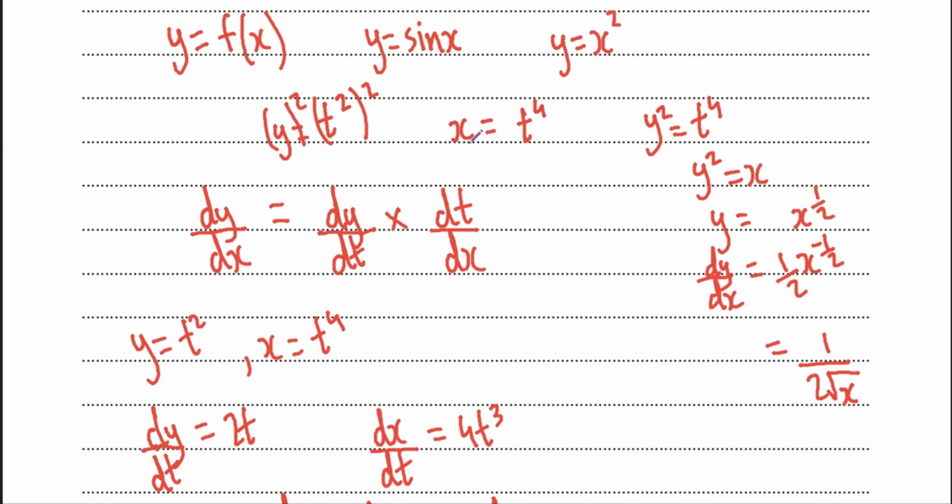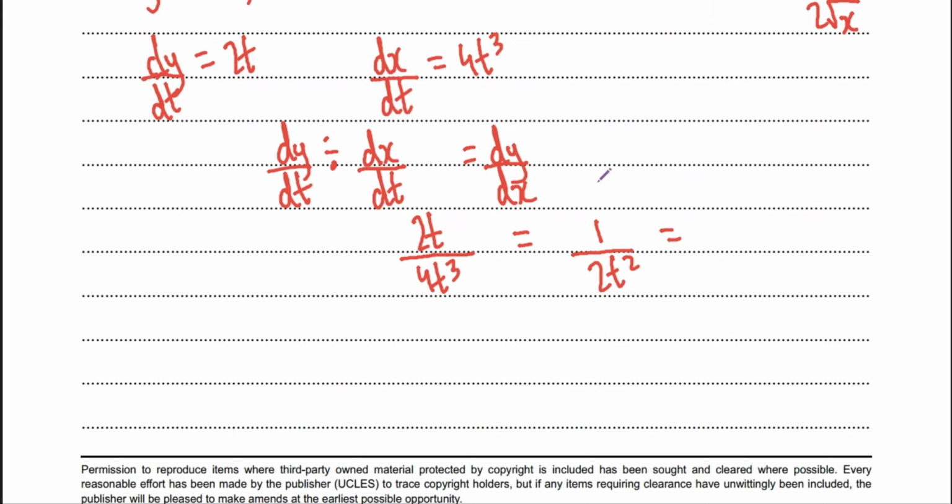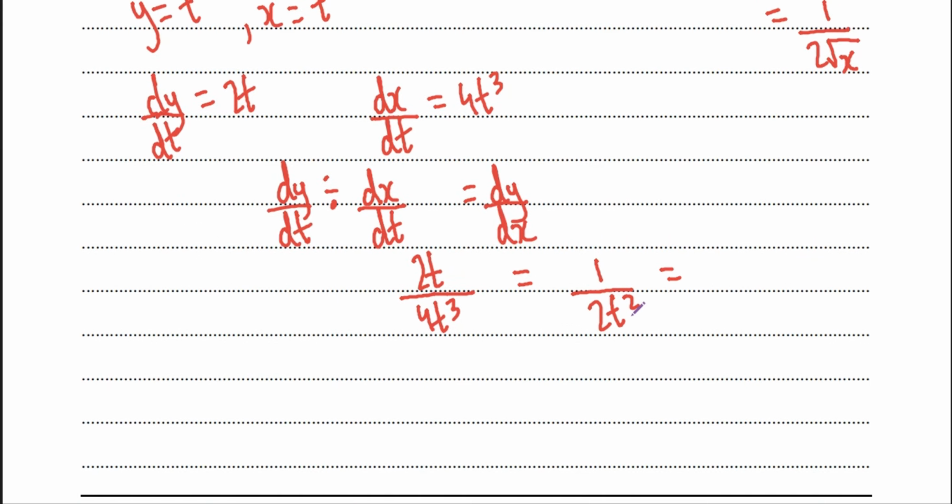What is the square root of x actually equal to? If you take the square root on both sides, then you end up getting square root of x is equal to t squared. And t squared is right here as well, so you end up getting 1 over 2 times square root of x.